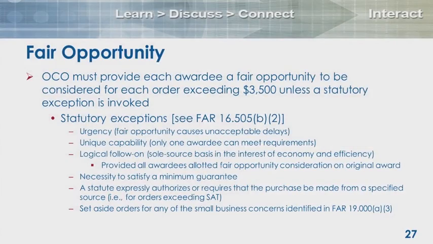Fair opportunity. The ordering contracting officer must provide each awardee a fair opportunity to be considered for orders exceeding $3,500 unless you invoke one of these statutory exceptions. And make sure you provide good justification, and make sure you have that document in your contract file if you decide to do a sole source.